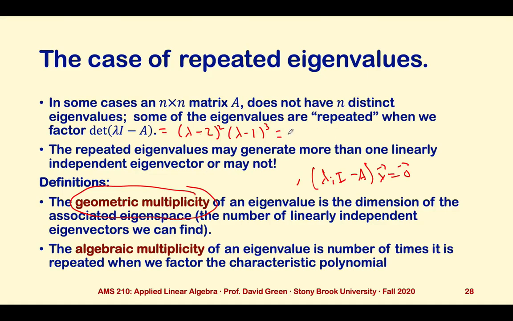This would have 2 eigenvalues, an eigenvalue of 1 and an eigenvalue of 2. The eigenvalue of 1 would have an algebraic multiplicity of 3, and the eigenvalue of 2 would have an algebraic multiplicity of 2. This is what we mean by geometric multiplicity and algebraic multiplicity.